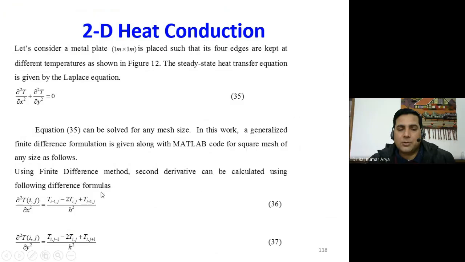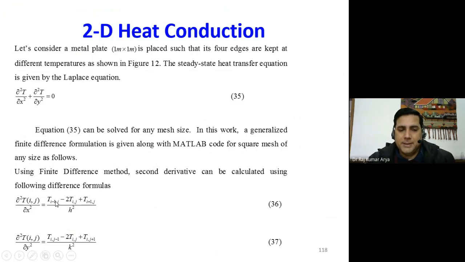The only variation here is in x. You see j is the same everywhere, so here T i-1,j, T i,j, T i+1,j. So you are at a particular y and you are changing in the x direction only; therefore you are just changing your i only.